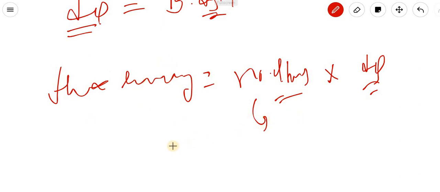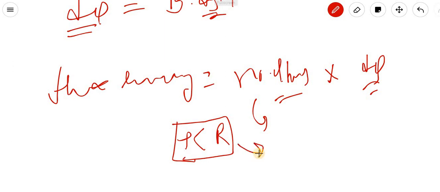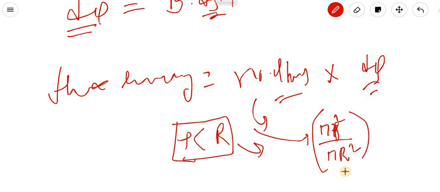For the conductor, as we know, rho is less than r. If rho is less than r, the turns will be pi rho squared divided by pi r squared. It would be the number of turns.